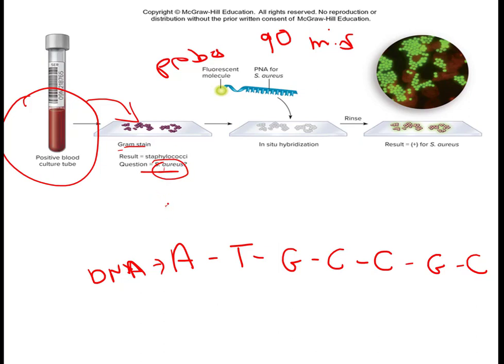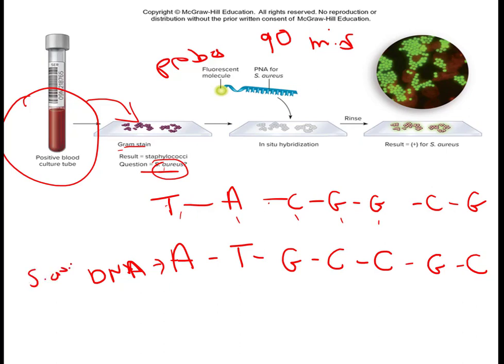You can buy it. And the probe is the complementary sequence to this. So A would pair with T, T would pair with A, G would pair with C, C would pair with G, and so on. So you would have this probe with the complementary sequence to the known Staph aureus DNA sequence.